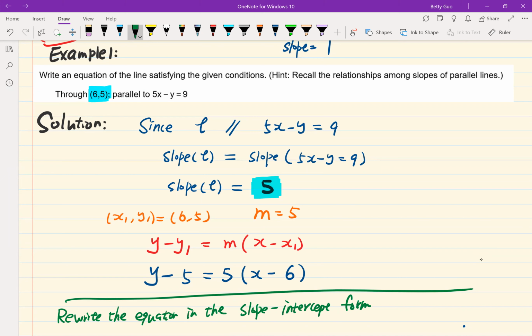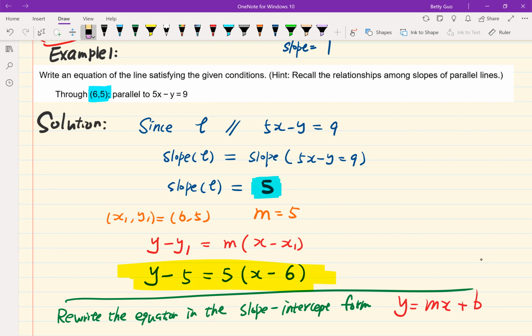We have the equation found already. But I want you to write the equation in the slope intercept form. The formula for slope intercept form is y equals mx plus b. Variable y is isolated on the left of the equation. Okay. Give you a couple minutes. Please work on it on your own first.